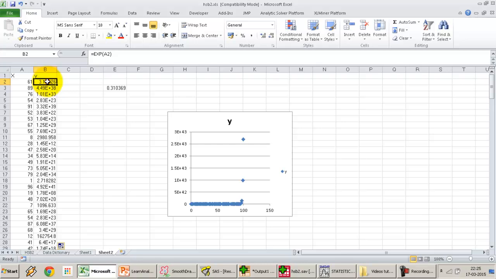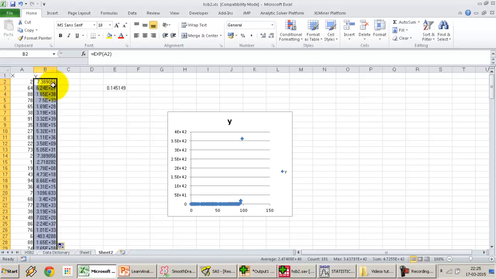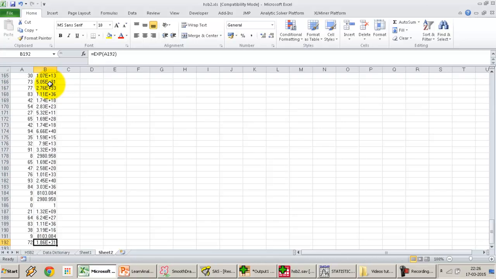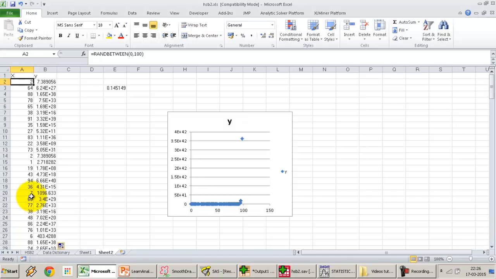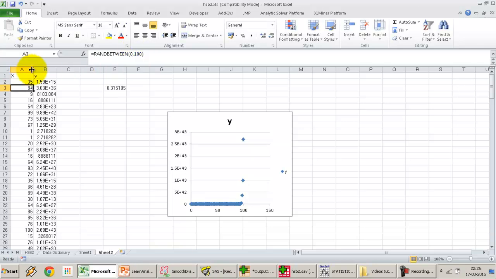I've got a 0 and 1 over here, so let me remove this formula from 0 to 100. In fact, I'll just make it from 1 to 100 to get it in a better way.